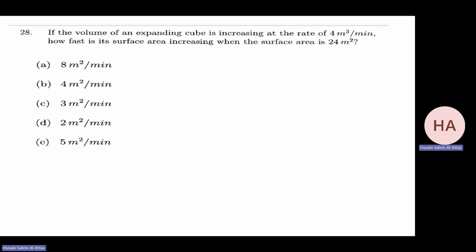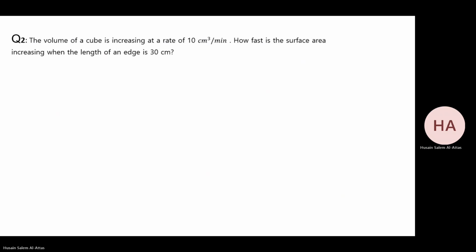Still, this is a cube problem. The volume of the cube is increasing at a rate of 10. How fast is the surface area changing? We want to find ds/dt when x equals 30.